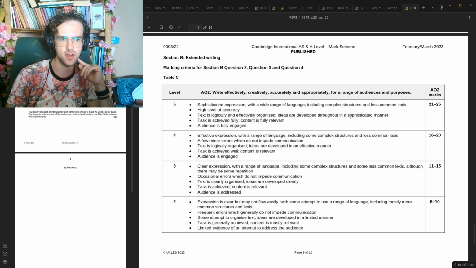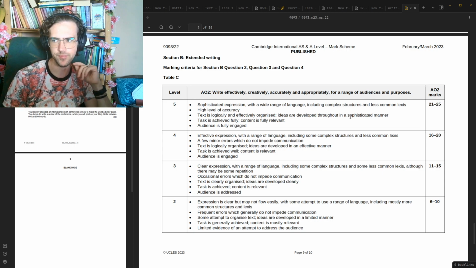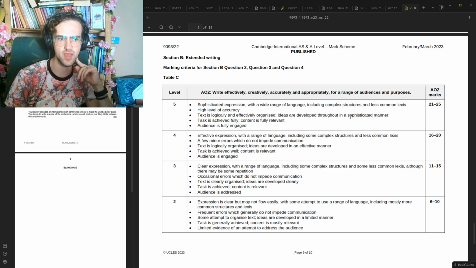complex structures. And then we're looking for less common lexis. So don't use everyday language, just change up your language. Obviously, if you're going to use less common lexis, make sure you understand the word. Yeah.